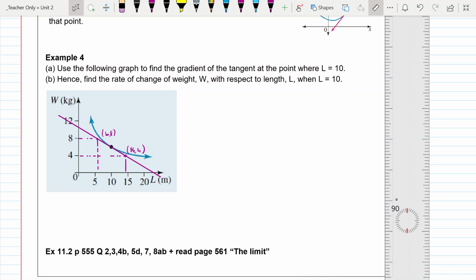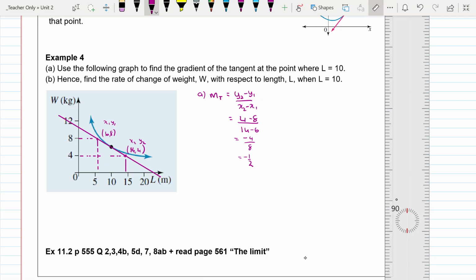So I've got my 2 points, and I'm going to be saying that my gradient of my tangent, so m of t, is going to be y2 take y1 over x2 take x1. And I'm going to make this one x1, y1, x2, y2. And so I have 4 minus 8 over 14 minus 6. And that's going to be negative 4 over 8, which gives me negative 1/2.